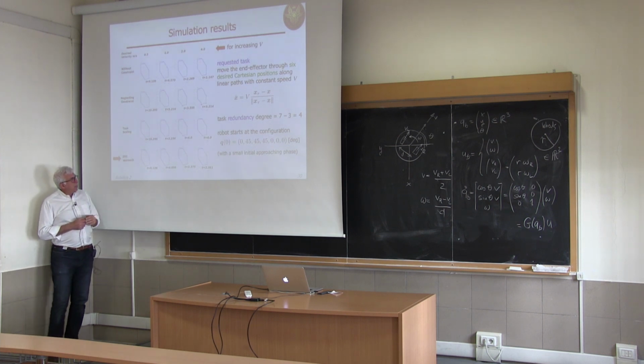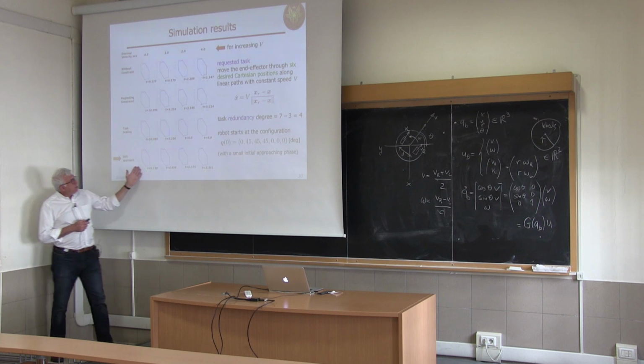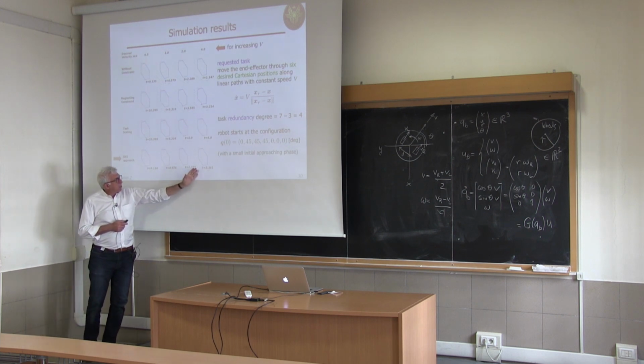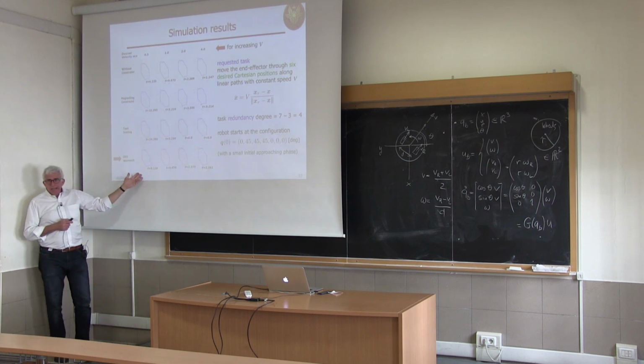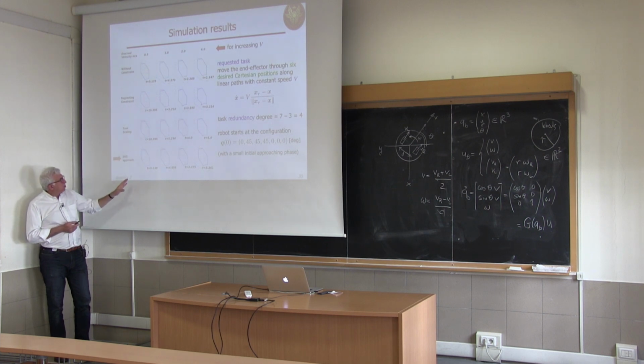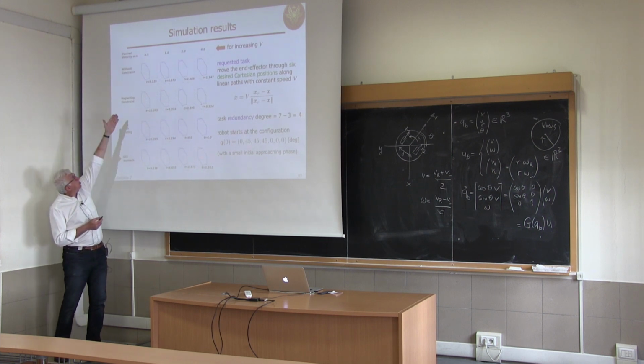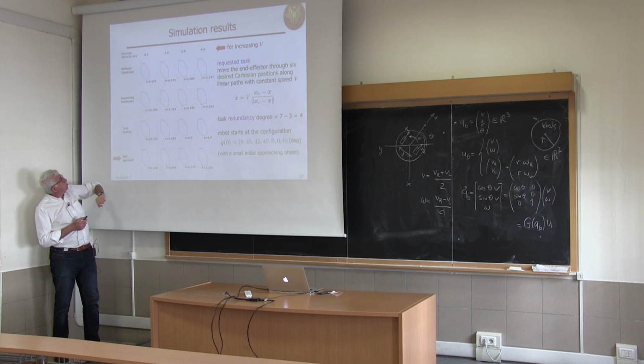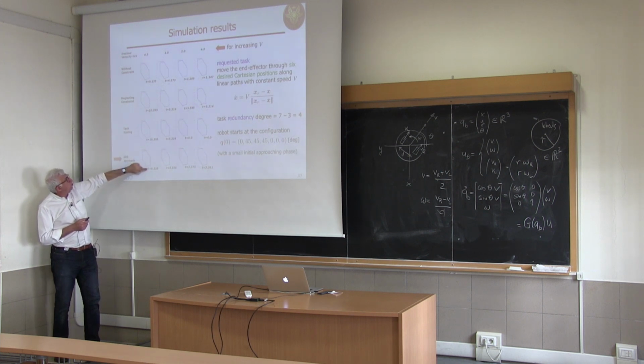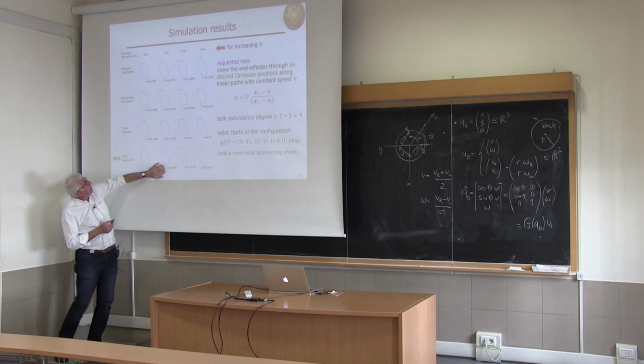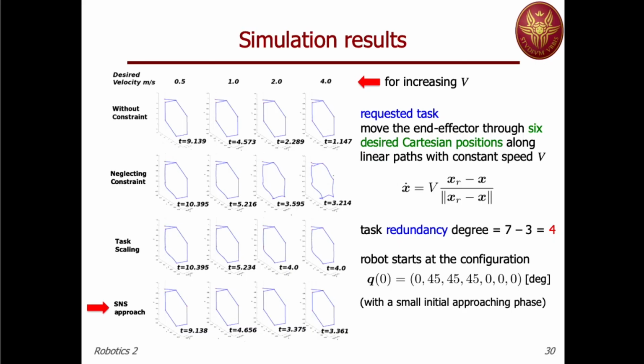While finally, with the SNS approach, you see that you realize at the different speeds always the task exactly, while satisfying all the constraints. Of course, you will take more time than the original situation. In fact, when you're going very slow, you're getting exactly the same total time. When you're increasing the speed, you may be worse than the situation where you don't include any constraint. But of course, now there are constraints, so you expect that you will be worse.